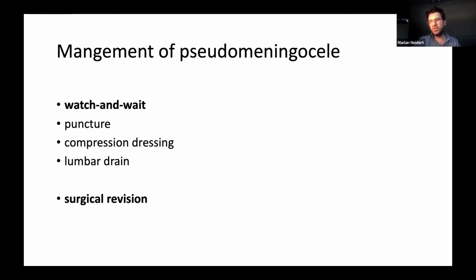And as mentioned, the lumbar drain is linked to a lot of complications that are sometimes even life-threatening. So it's something that we do very, very rarely nowadays, but certainly watch and wait. And if an intervention for whatever reason is necessary, then a surgical revision is usually what we would do.